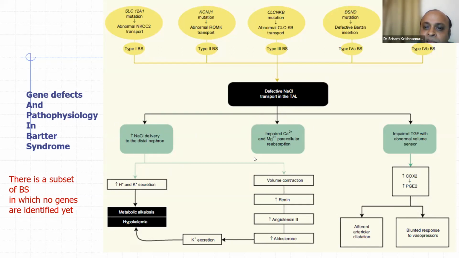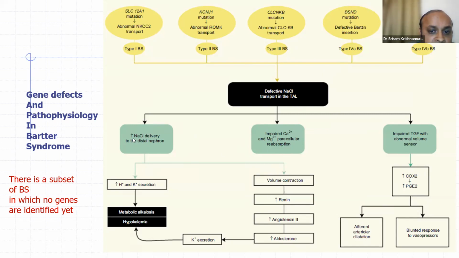It also leads to impaired calcium and magnesium paracellular reabsorption, which is mediated, for example, through the claudins. And there is impaired tubuloglomerular feedback with abnormal volume sensor. And this ultimately leads to increased prostaglandin synthesis and afferent arteriolar dilatation.